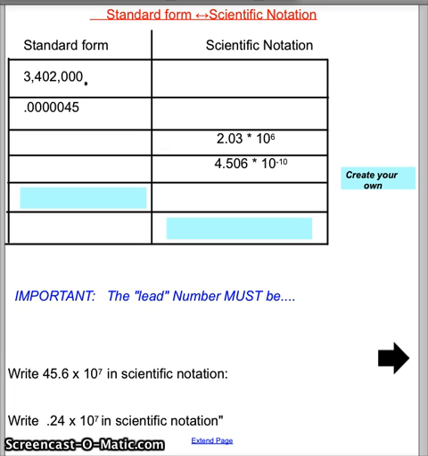All right, so that's always our goal. So let's see here. I need to move my decimal over 1, 2, 3, 4, 5, 6 spots. When I move it over 6 spots, I now have a number between 1 and 10. I have 3.402. Okay, so I've achieved my number between 1 and 10. I moved my decimal over.